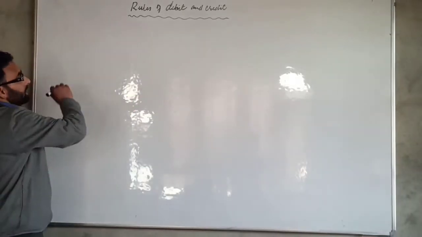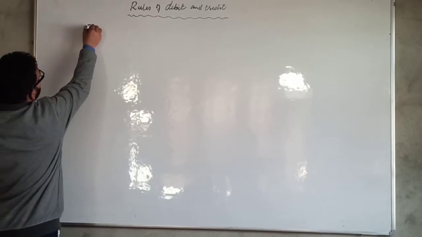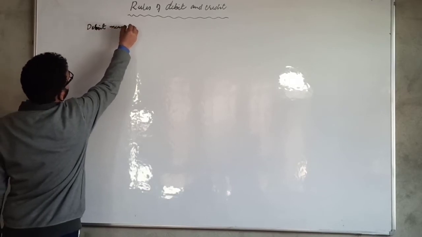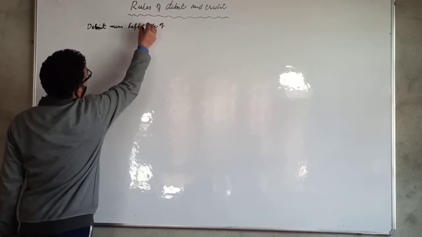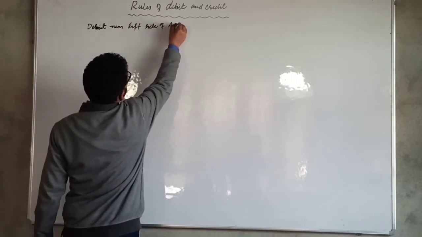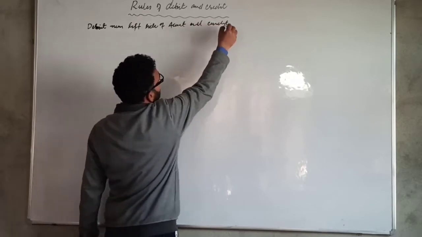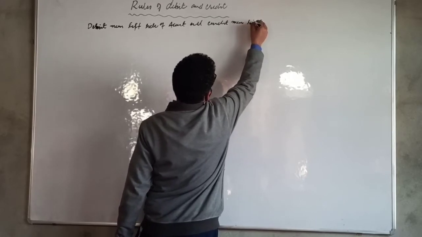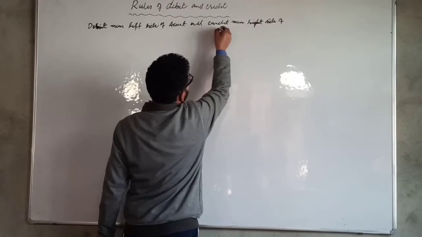So debit means the left side of an account, and credit means the right side of an account.